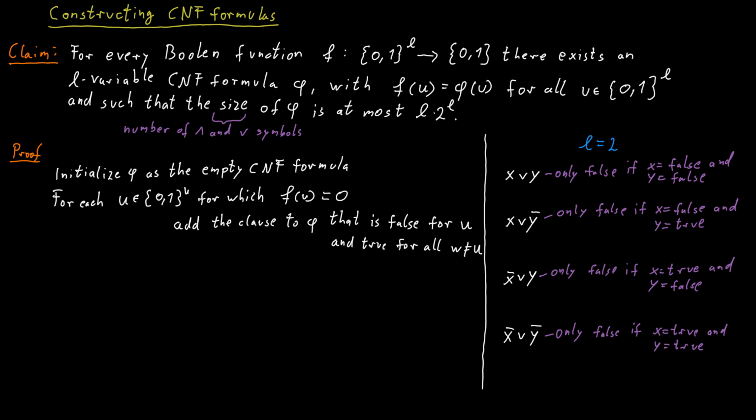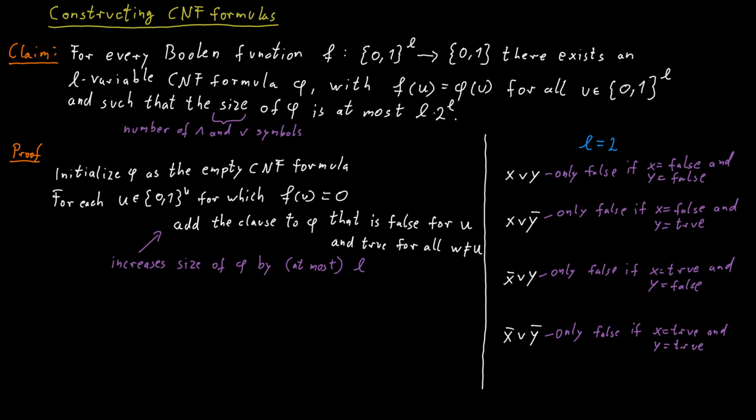So the only question is how big this formula is. Every time we add a clause to our formula phi, we increase the size of the formula by L. This is because each of our clauses consists of L literals, and then we need to connect that clause to all the remaining clauses with an AND symbol, except for the very first clause we add.